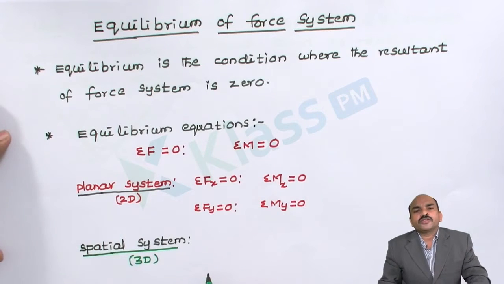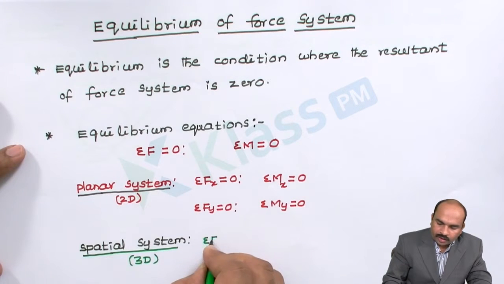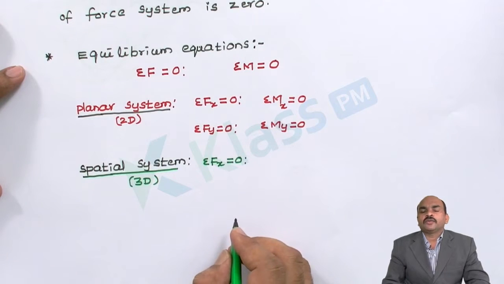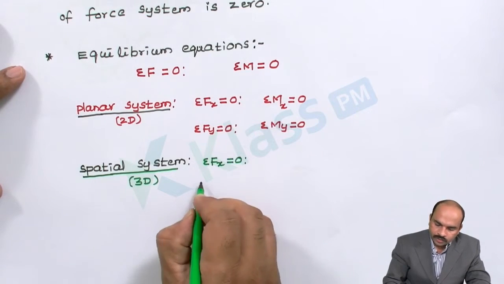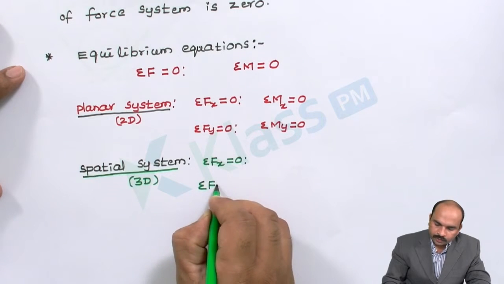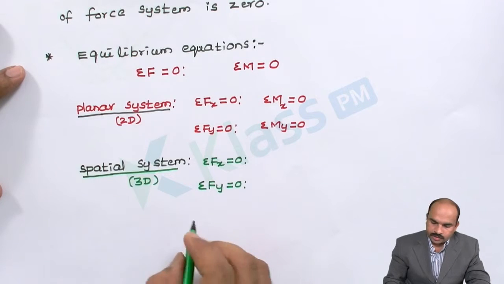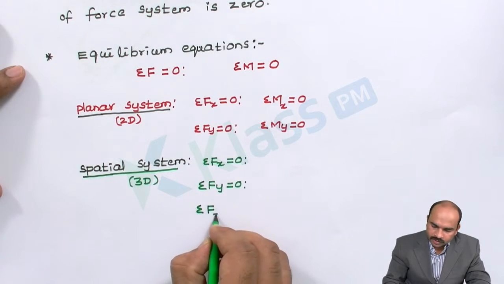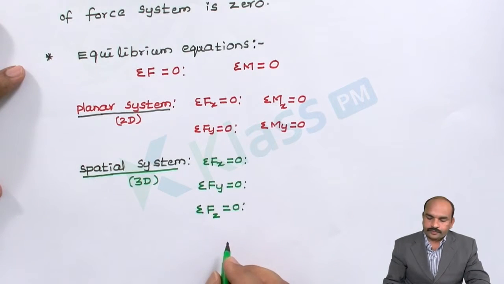The equilibrium equations for the spatial system are sigma Fx equal to 0, sum of all the forces about y-axis equal to 0, then sum of all the forces about z-axis equal to 0.